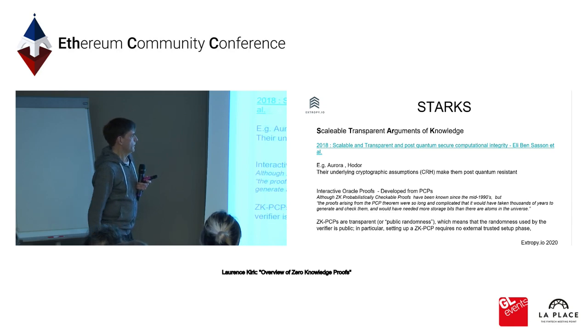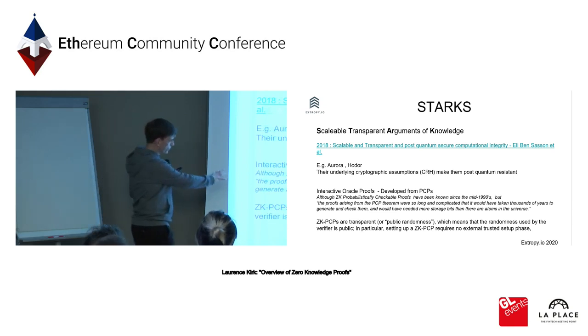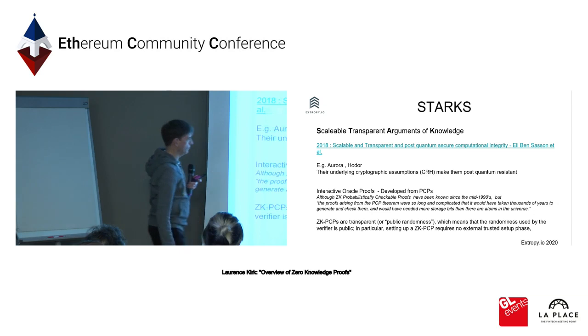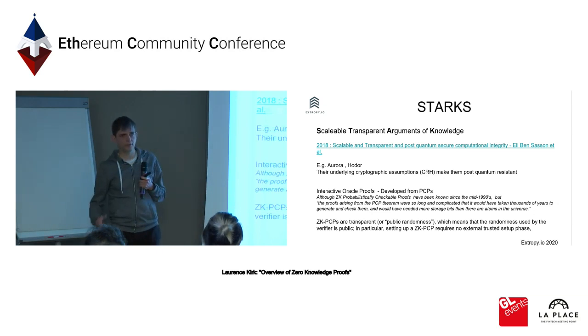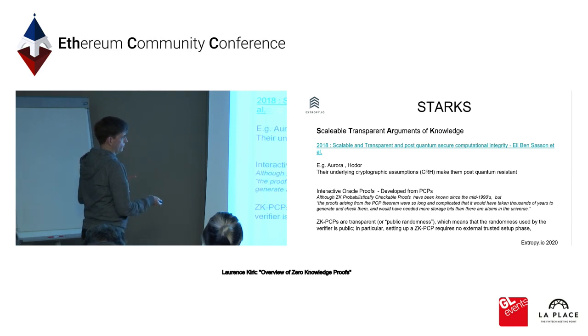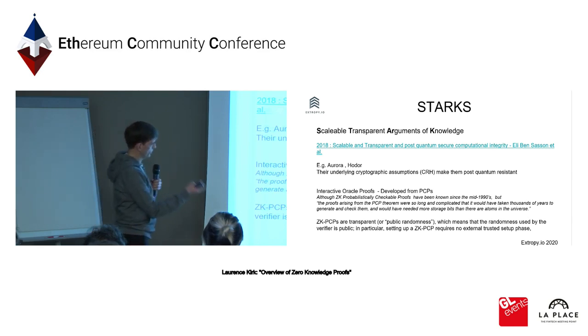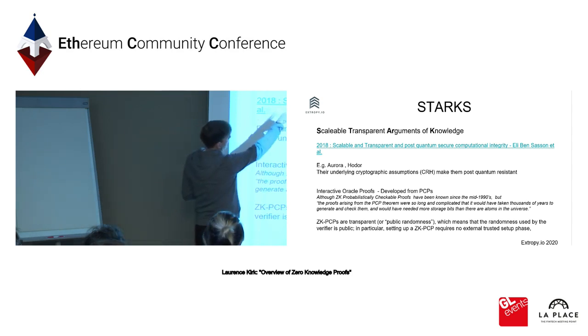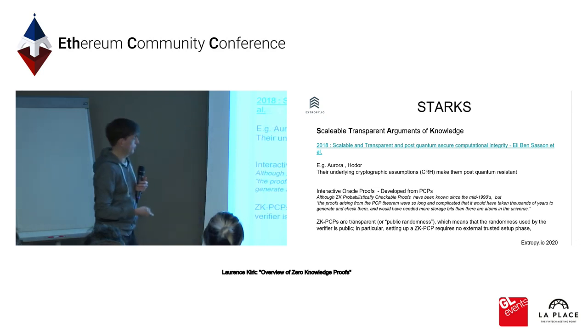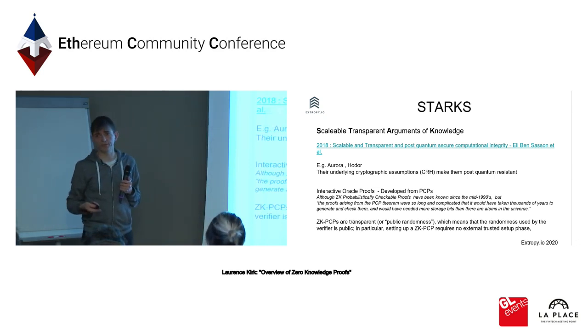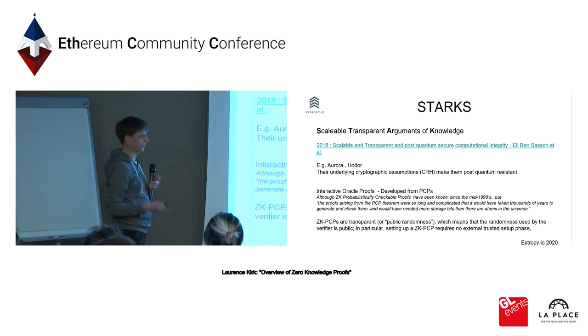Some of the background to this has been around for quite a while, but was not seen as really feasible. But instead of a trusted setup, you can use public randomness, and this is the transparency in the name of these things. And really all you need is to be in agreement on a hash function between the prover and the verifier.